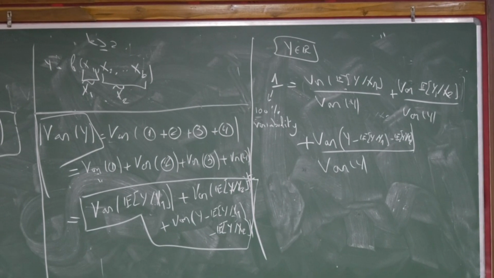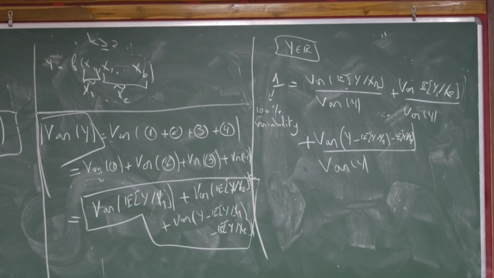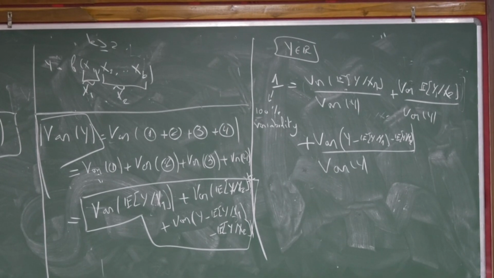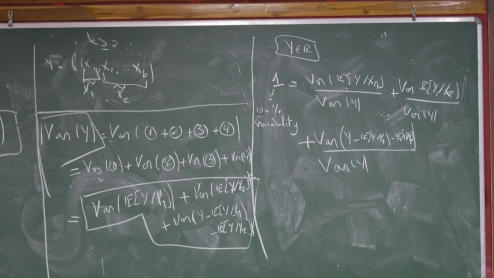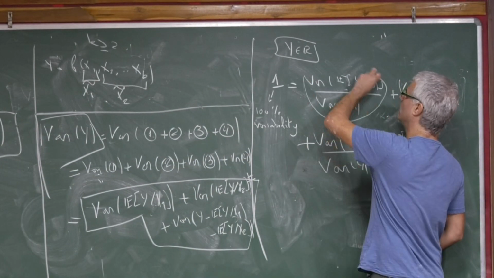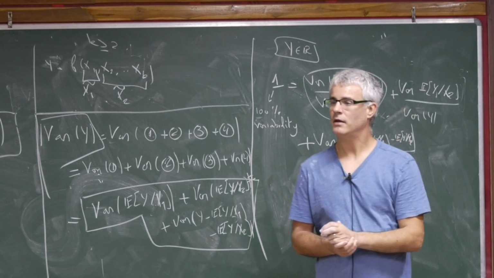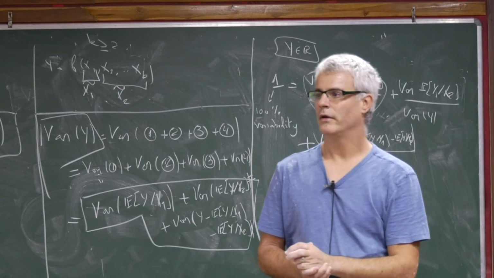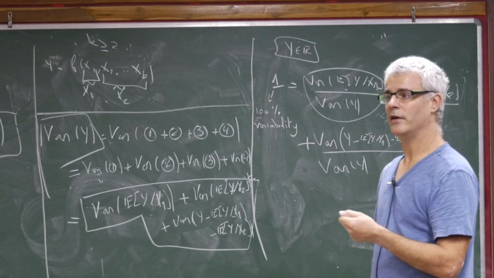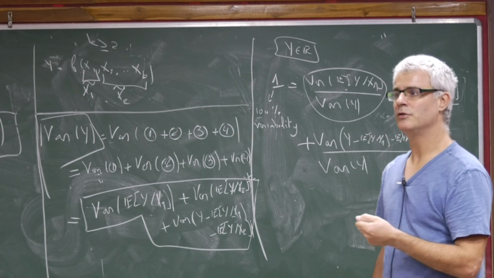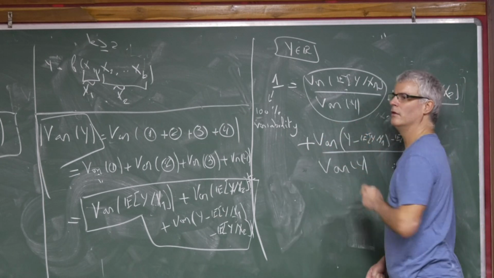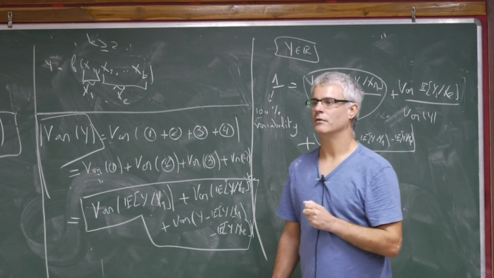So I am splitting the quantity of variability of my phenomenon into several parts. So this part, for example, represents the fraction of the variance that is due to the action of the variable x1.